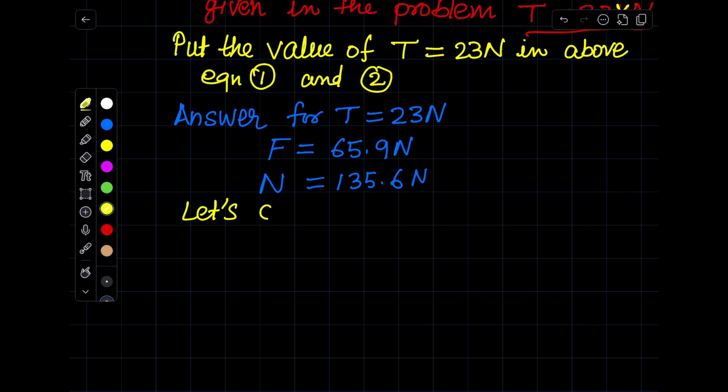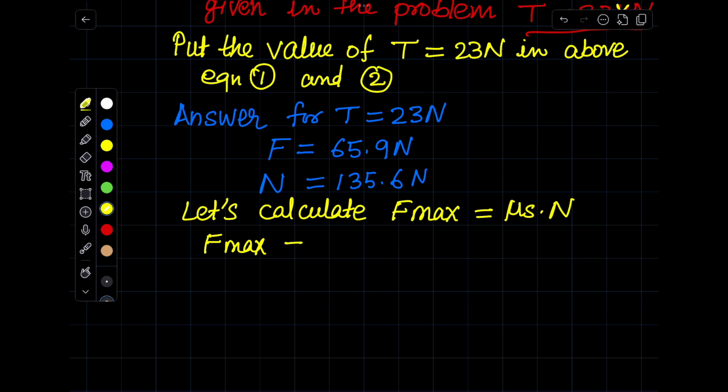Now, as per this problem, the static friction is given to us. So our first focus is to know whether this box will move or not. We can find it by using F max.